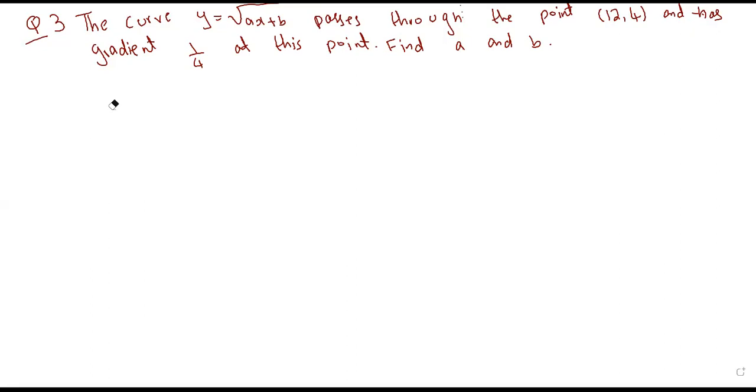That is good. Okay. Now, what is the information given? I'm going to underline that the curve y passes through the point (12, 4) and has the gradient 1/4 at this point. So this is what you need to understand.